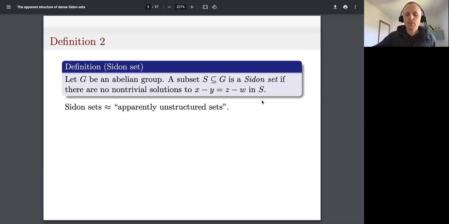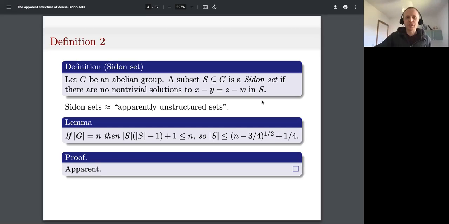Okay, so how large can a Sidon set be? Here's a simple lemma, and this really is apparent in the first sense of the word apparent. A Sidon set is a set in which all the differences are distinct, and all those differences have to fit into the group.